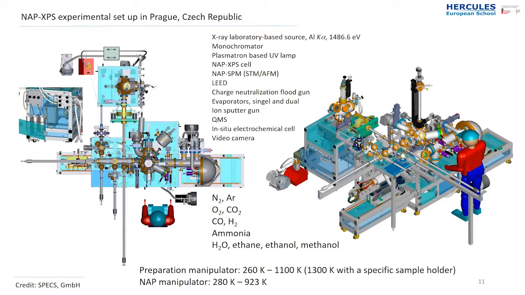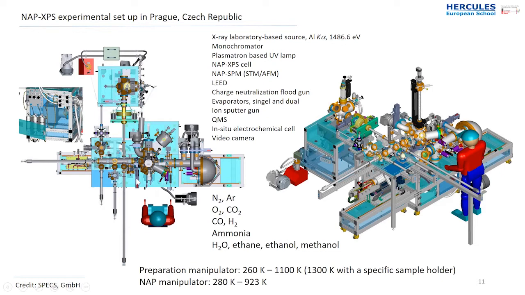So we have something similar. Even though the sample is grounded, if it's not conductive, it might be a problem. The near ambient pressure cell can actually solve this problem partially, because at higher pressure and elevated temperatures, the charging problem is partly resolved.